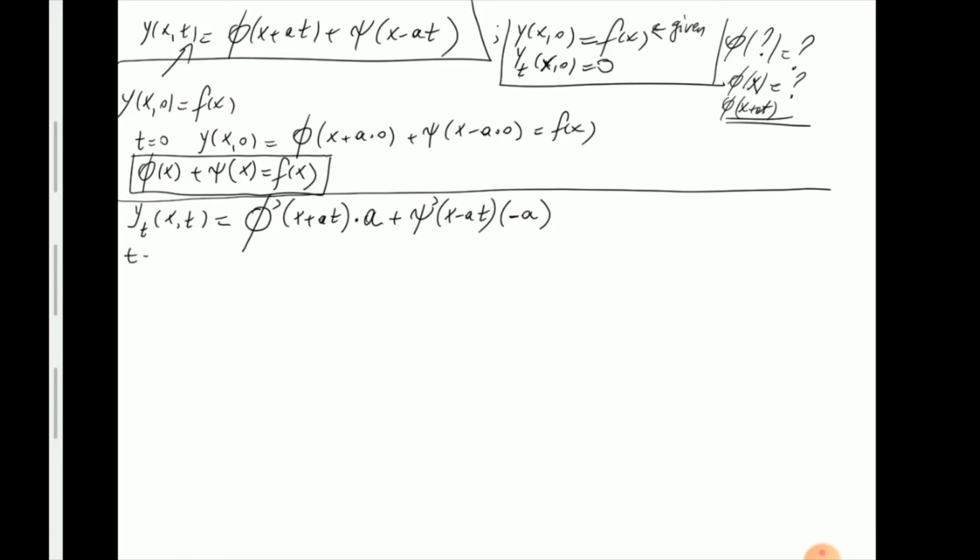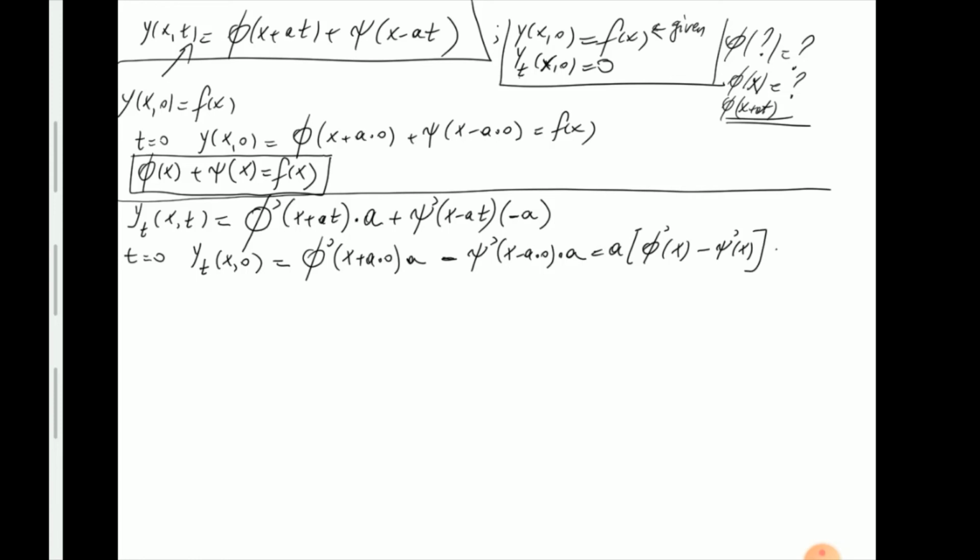Now, finally, we plug in t equals 0. So y partial t of (x, 0) is going to be phi prime of (x plus a times 0) times a on the outside, minus, we can take the minus out, psi prime of (x minus a times 0) times a. If we simplify, this is a times the quantity phi prime of x minus psi prime of x. And remember, this is equal to 0 because I made it so. I said the initial velocity is equal to 0.